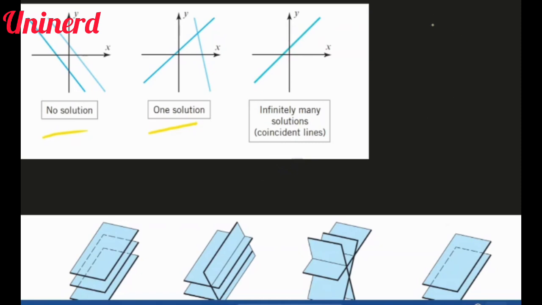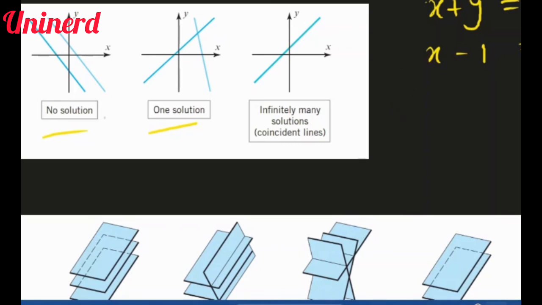If we have only two unknown variables, like x and y, for example, a system like x plus y equals 3 and x minus y equals 1, this is a linear system with two variables and two equations. Every equation with two variables represents a straight line. In this case, we can have three possibilities for the solutions.